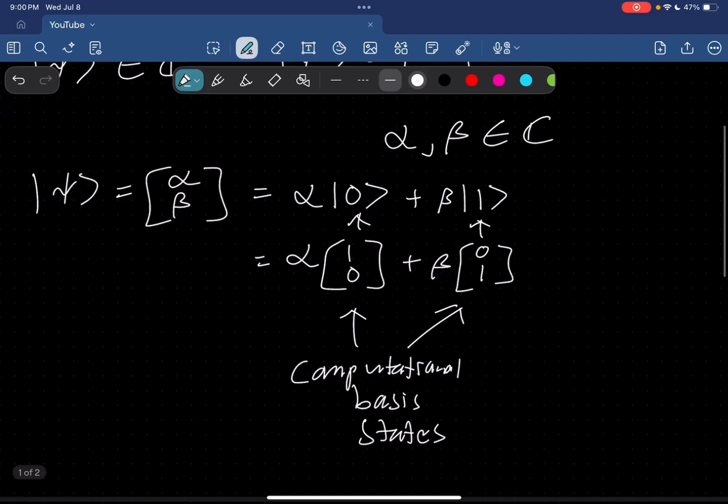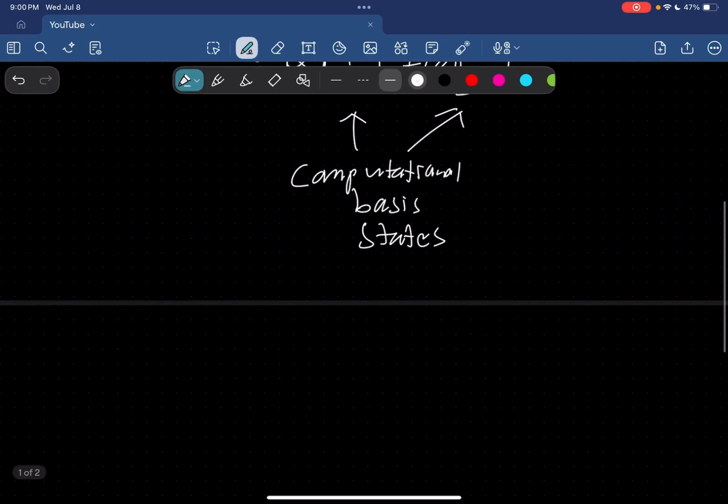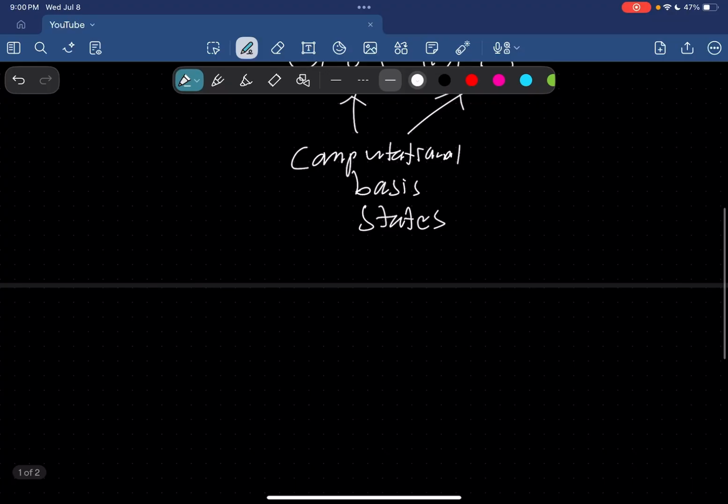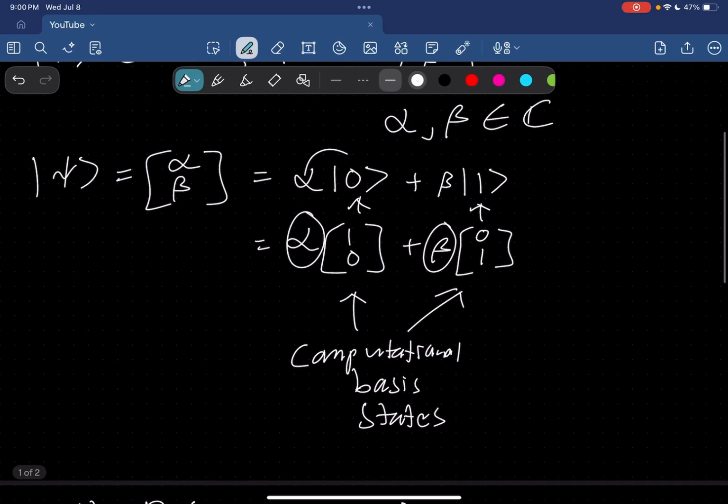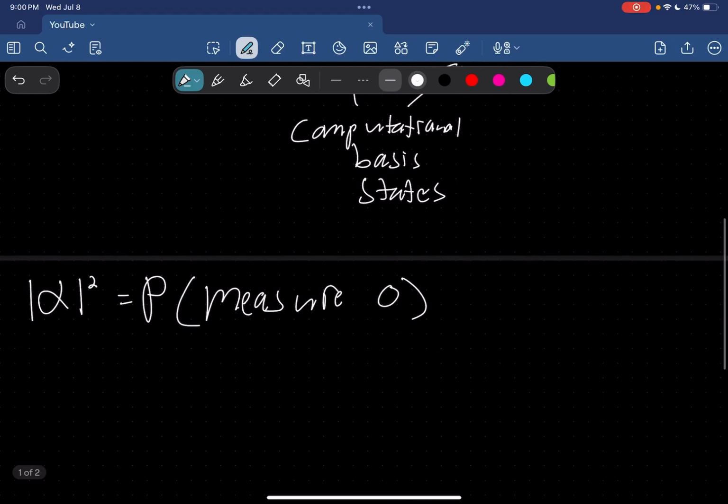These coefficients alpha and beta, if we take the modulus squared of alpha, is simply the probability that we measure a 0, since that's in front of the 0 ket.